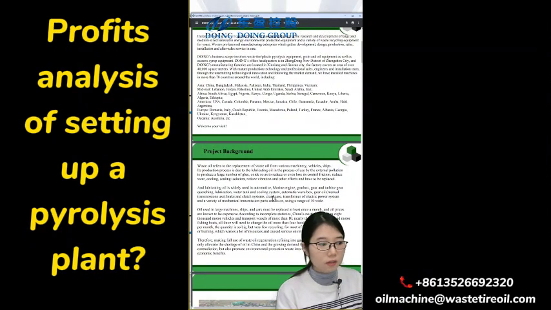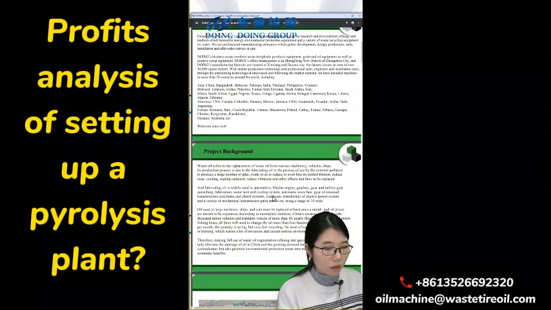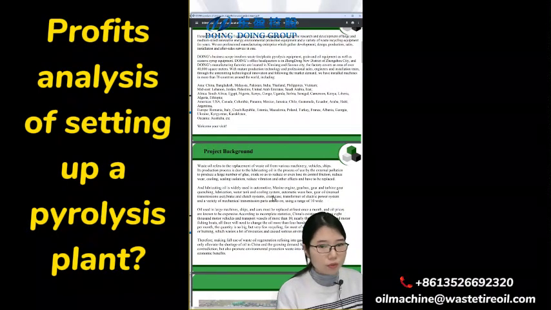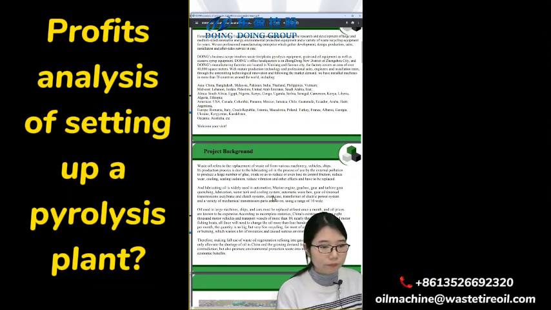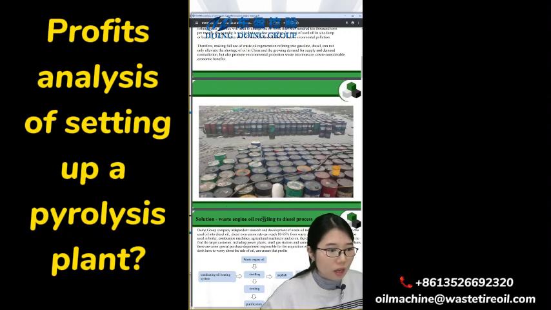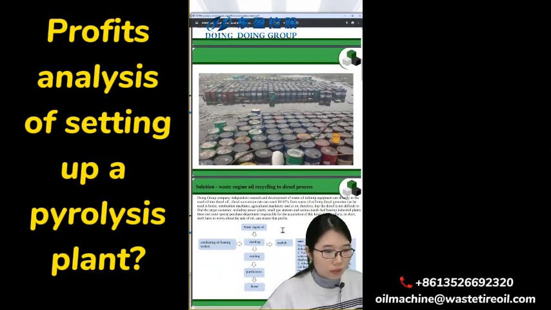We also have the distillation machine, which is a kind of refinery plant that can refine the pyrolysis oil into diesel. The distillation machine can also refine many kinds of waste oil, like waste engine oil, waste motor oil, and waste lubricating oil, into diesel.